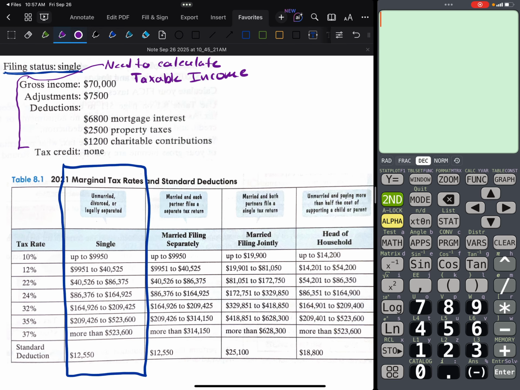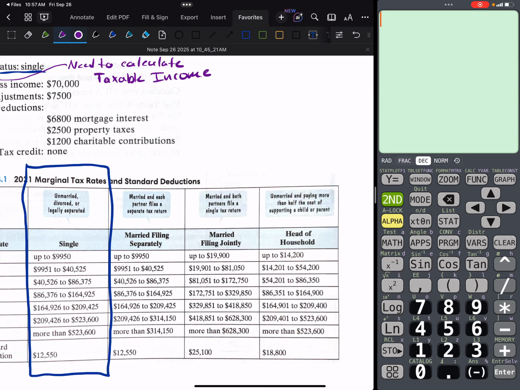It's a fairly straightforward process, but there's a couple of pieces to it and a couple of places where we can take wrong turns. And so my taxable income will tell me what tax bracket I'm in and will tell me how much money I'm paying for each of those tax brackets.